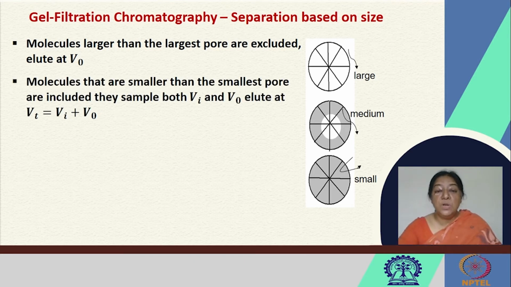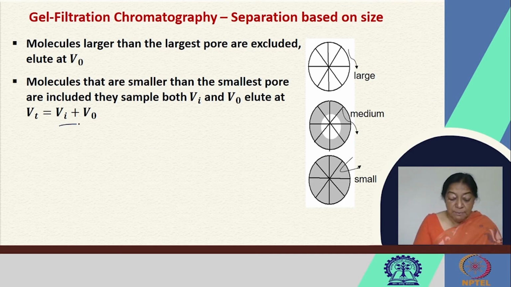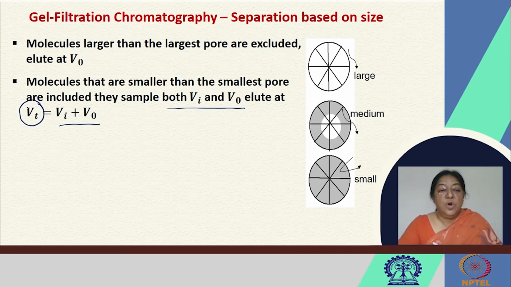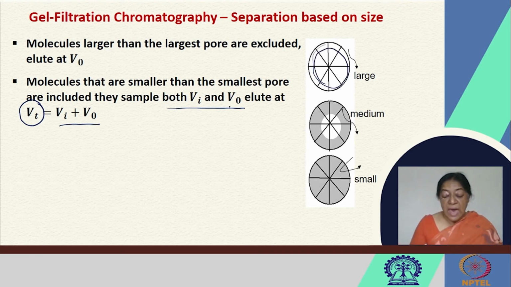Molecules that are smaller than the smallest pore would be included, both Vi and V0, indicating that this corresponds to the total volume. So the volume of the gel matrix, that is the internal volume of all the beads that we have, and the V0, that is the portion that is outside the gel matrix, giving us the total Vt.